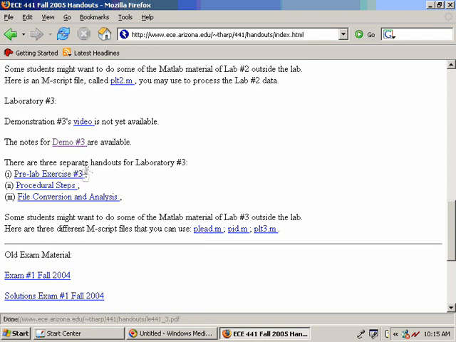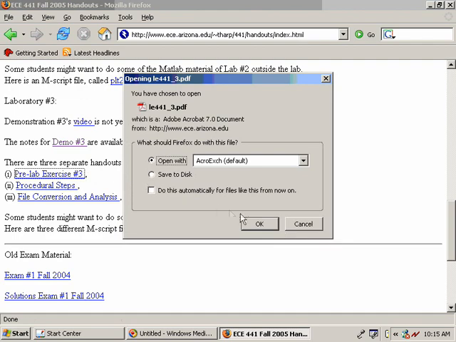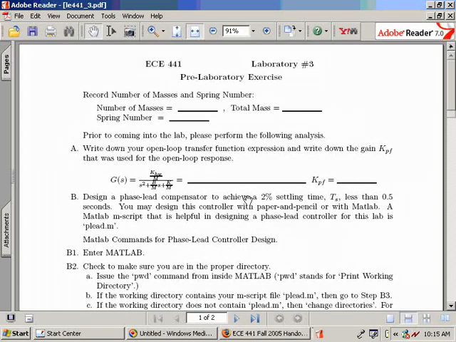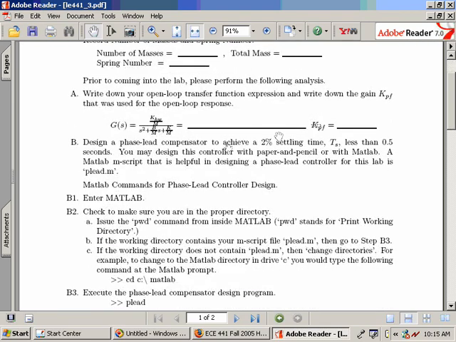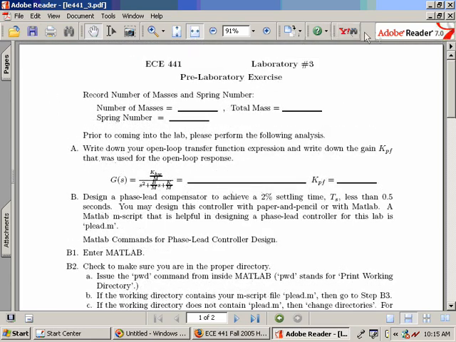For example, the first handout is a pre-lab exercise, and what you will want to do is continue with the system that you've had all along and fill this out in terms of number of masses, spring number, and total mass. Write down your system, and then you will be able to, in step B, actually start executing the MATLAB script PLEAD to help you do your controller design.